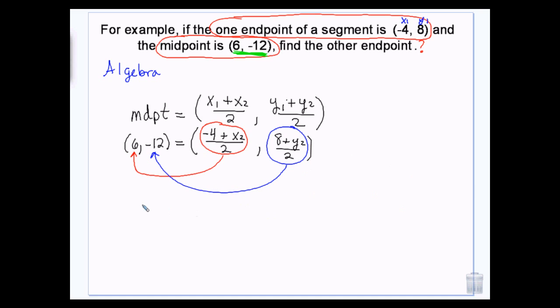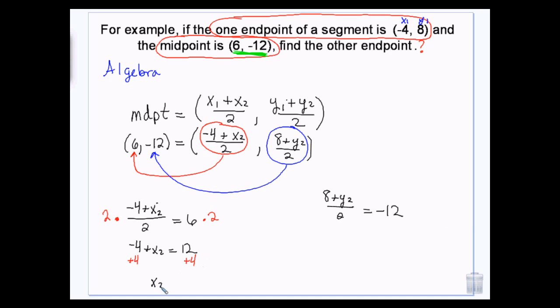So what that tells me is that negative 4 plus x2 divided by 2 is equal to 6. And 8 plus y2 divided by 2 is equal to negative 12. And now I have 2 equations that I can solve. I first multiply by 2, and that gives me negative 4 plus x2 is equal to 12. And because that 4 is negative, I'm going to add it to both sides.